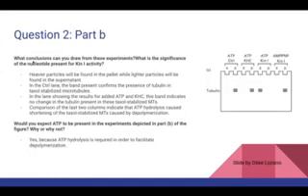Okay, what conclusions can you draw from these experiments? What is the significance of the nucleotide present in kin 1 activity? Okay, so we're able to see on this picture, the heavier particles will be found in the pellet, while lighter particles will be found in the supernatant. In the control ATP lane, the band present confirms the presence of tubulin in the taxol-stabilized microtubules.